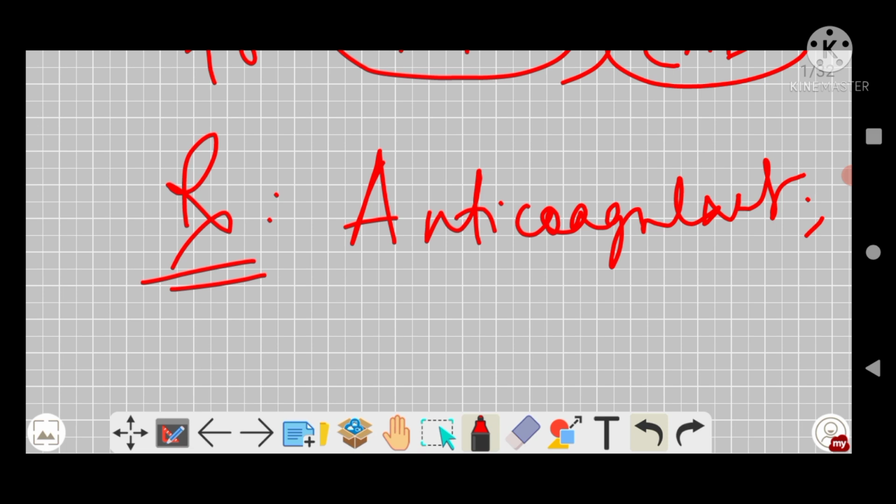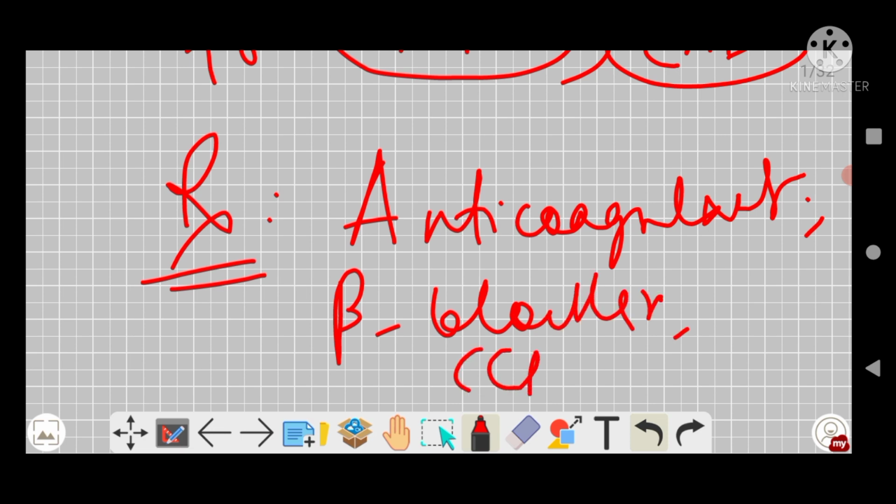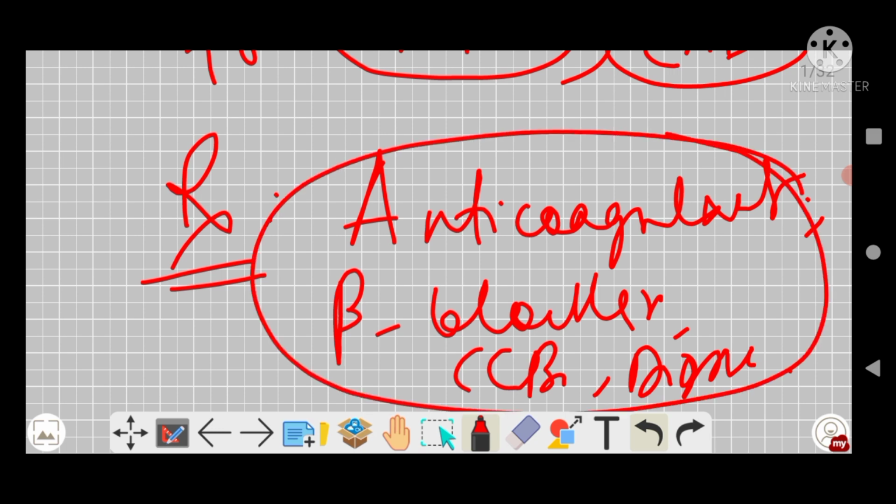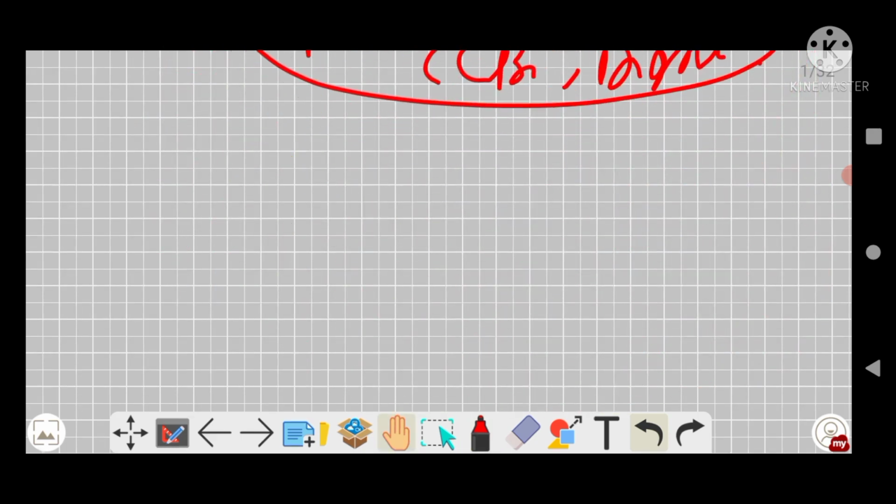The main aim of treatment is to control the rate, control the rhythm, and sometimes do a cardioversion. You can also give beta blockers, calcium channel blockers, and digoxin. All these are treatments for atrial fibrillation.